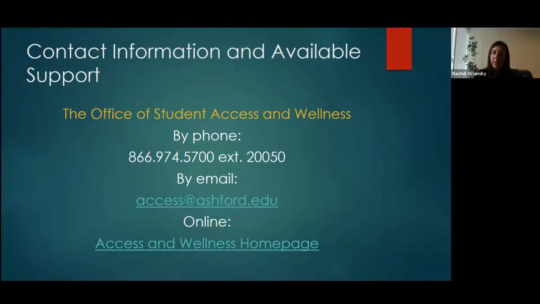So if a student with an accommodation for a pre-authorized incomplete is passing the class at the end of the course but needs additional time to work on their final assignment, they should remind you that they're eligible for that accommodation and ask that you fill out the incomplete request form and ask that you grant them an incomplete in that course in order to finish up their assignments. This is very common. If I have extended time in a course and these courses are so quick, it is very likely that I'm going to need time after the end of the course to complete my final assignment.